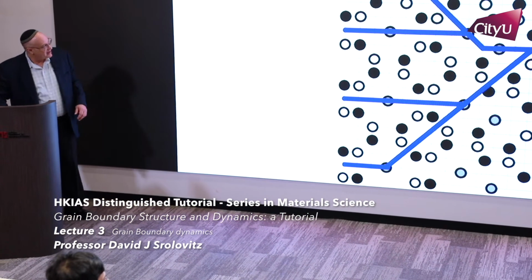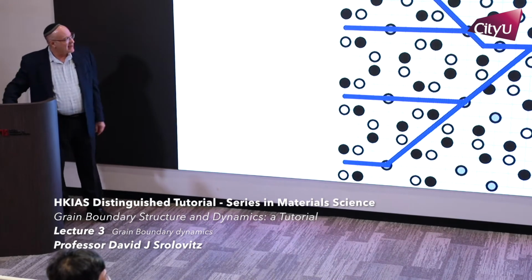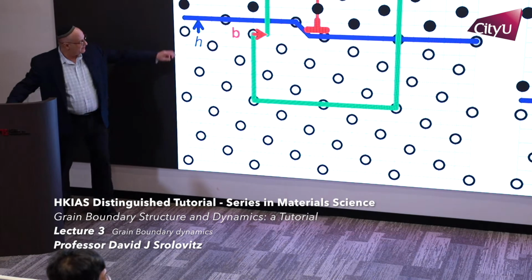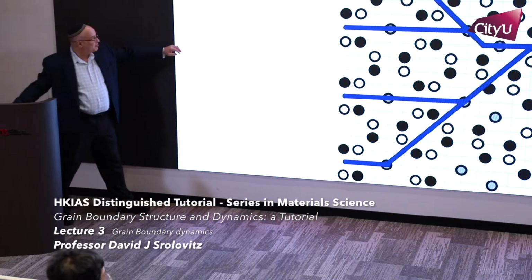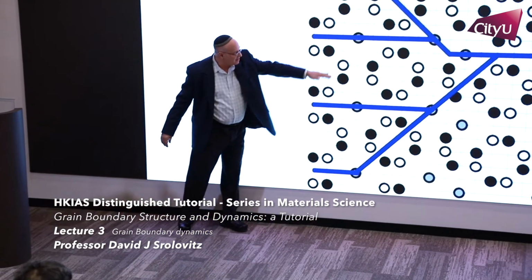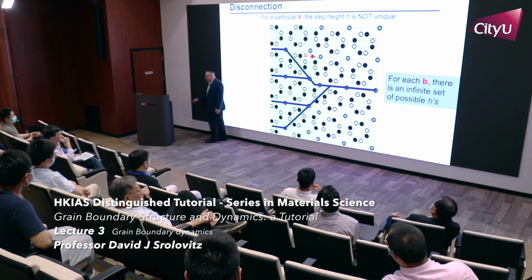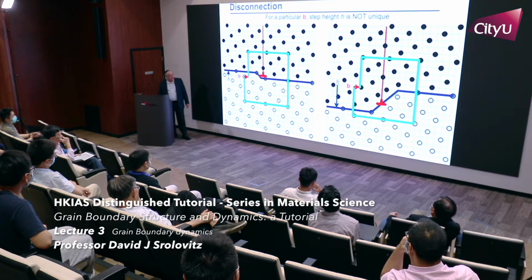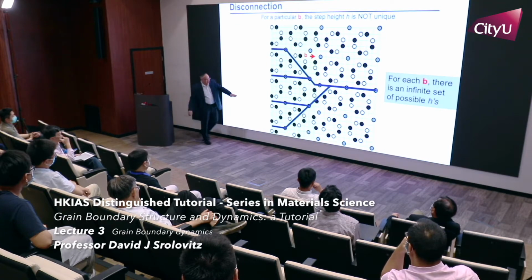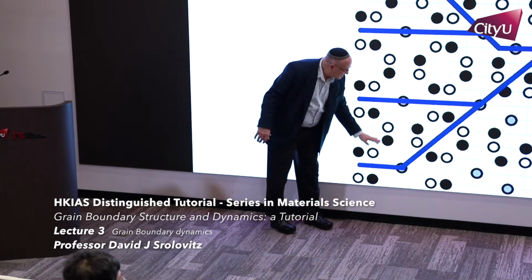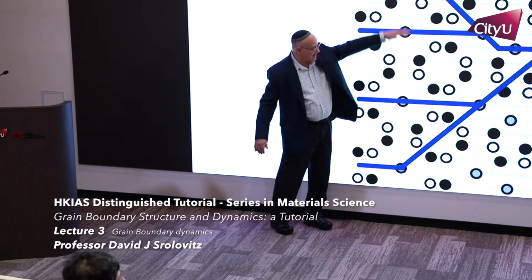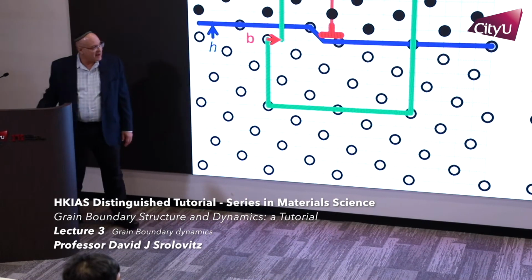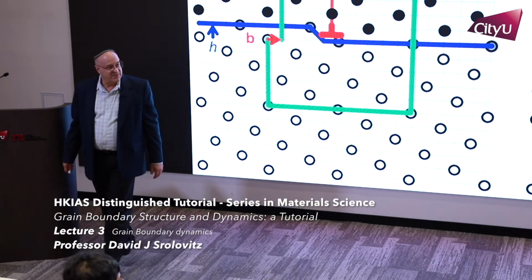Okay, so again, if I throw out all the black atoms below here and the white atoms above there, I have the picture on the left. If I throw out all the black atoms down here below and the white atoms above that line, then I have the picture on the right.